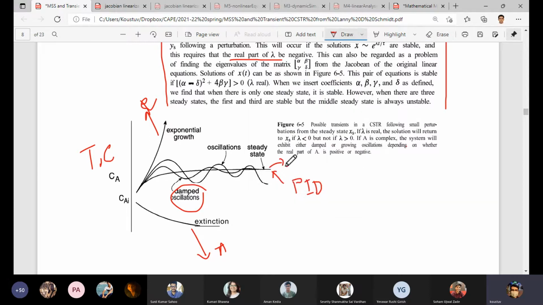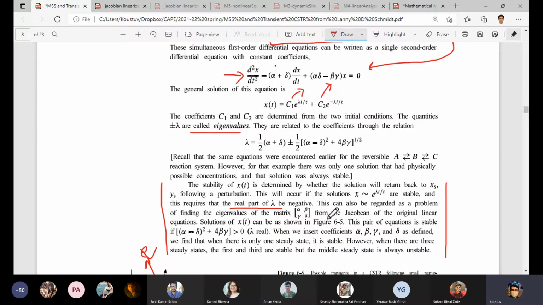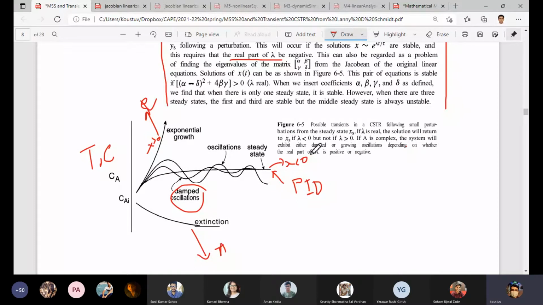Then if A is complex, where A refers to this matrix, right? If eigenvalues are complex, then it can exhibit either damped oscillations or growing oscillations, depending on the real part of that eigenvalue, whether it is negative or positive.